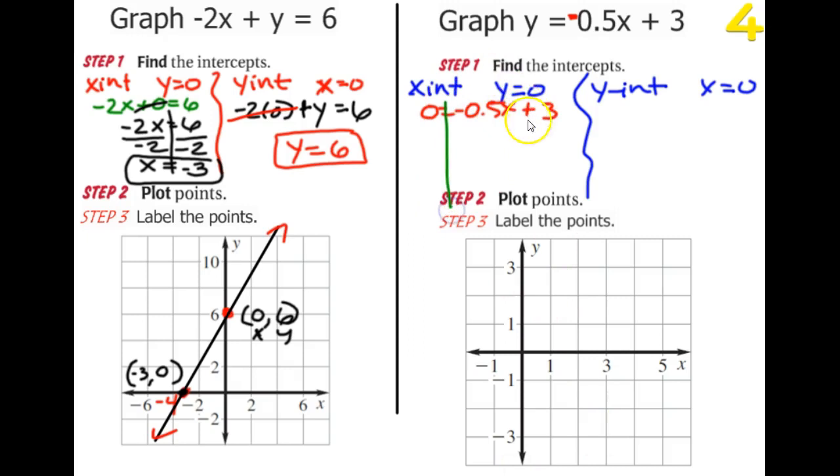So if we solve this, get rid of your addition or subtraction first, subtract 3. We have negative 0.5x equals negative 3. And if we divide by negative 0.5, x should give us, well, a positive number. 0.5 goes into 3 6 times. So x would be 6, way over here on our x-axis.